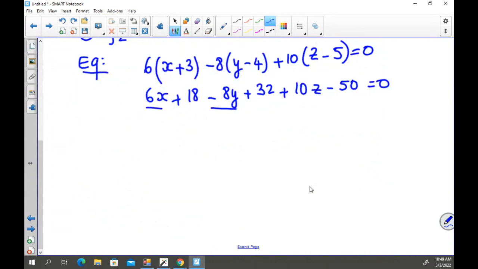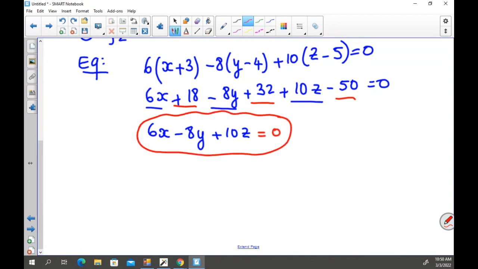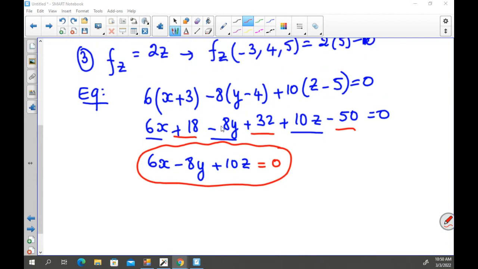So we can write this 6x minus 8y plus 10z. And you can see now the numbers 18 plus 32, 50 minus 50, 0. So there are no numbers. So we can write this equal to 0. So that means the solution is this D here, and that is our correct solution.